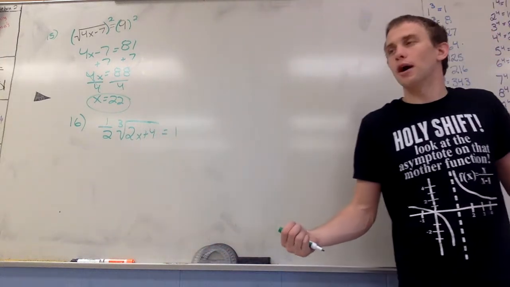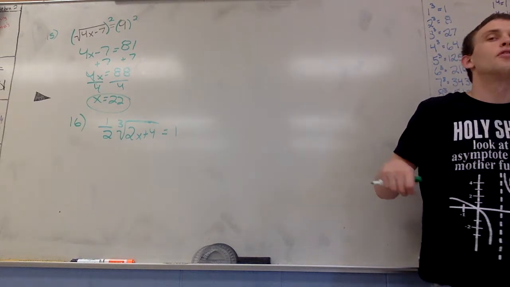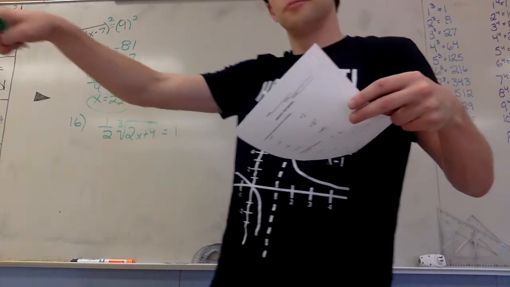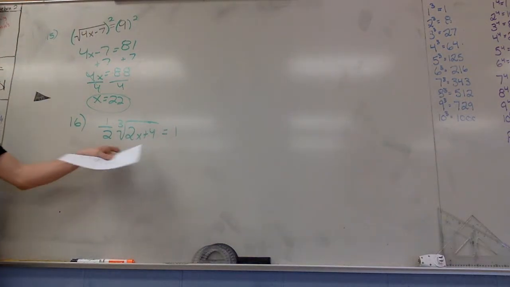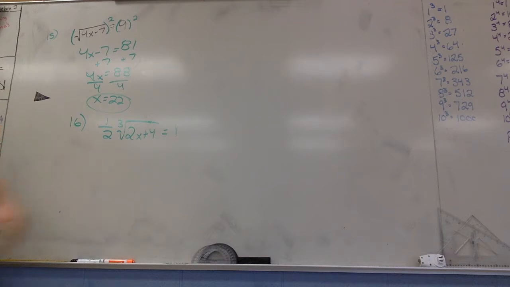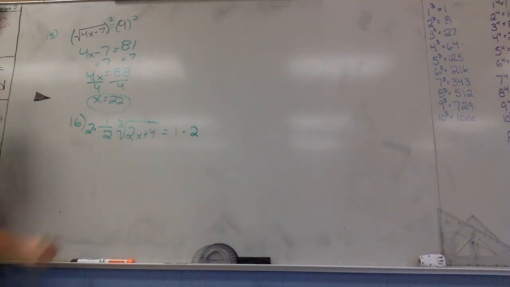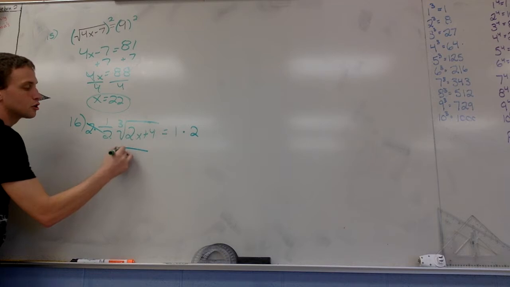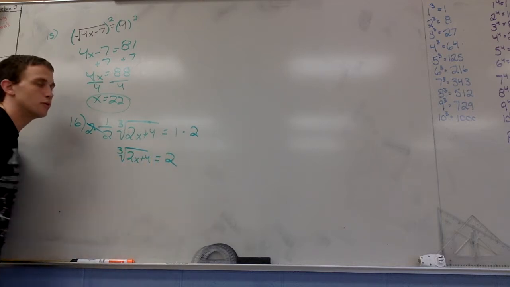What do I have to multiply by? The reciprocal. If we multiply by the reciprocal, that gets rid of the fraction. Now, what's the reciprocal of 1/2? 2 over 1, or just 2. So I multiply both sides by 2, because those cancel now. That gives me the cube root of 2x plus 4 is equal to 2.